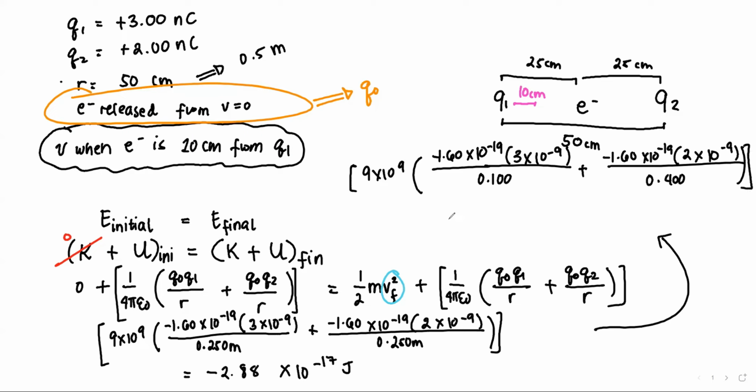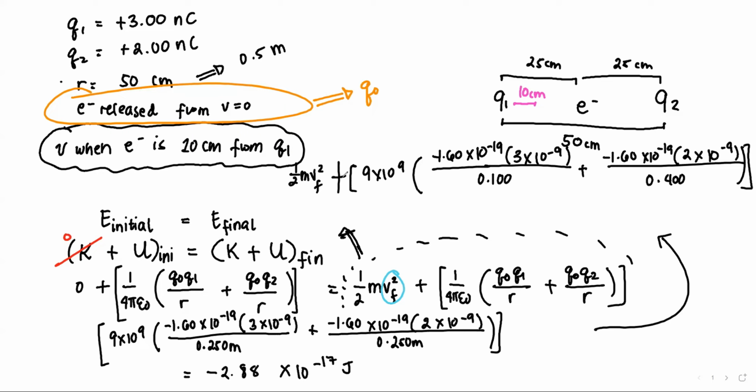There you go. Don't forget the 1/2 mv squared here, and here. 1/2 mv squared, final. Plus.